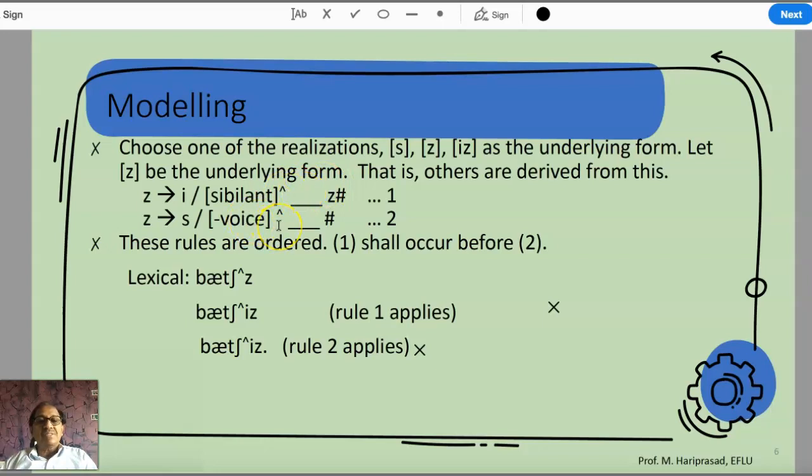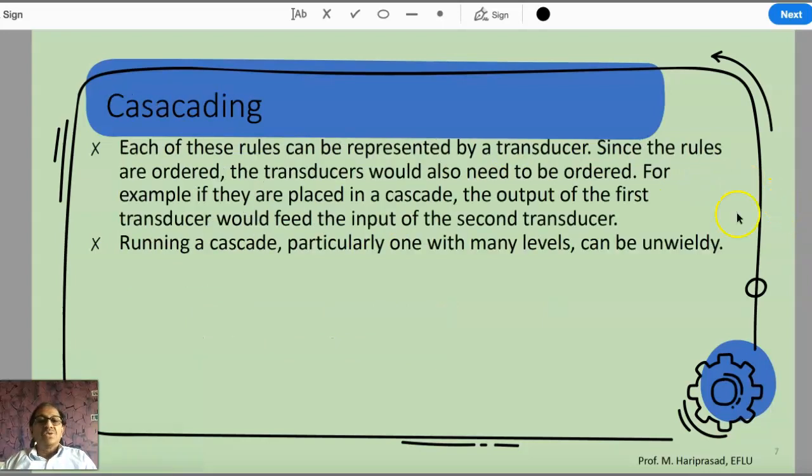When you make each rule a transducer, those transducers should also be ordered. You make a cascade of all the transducers, and each one applies at its particular position in the order.